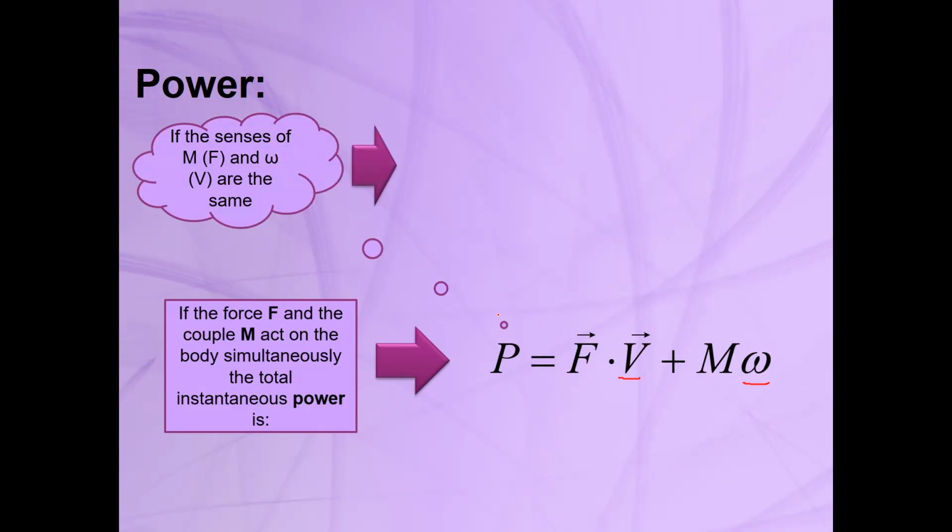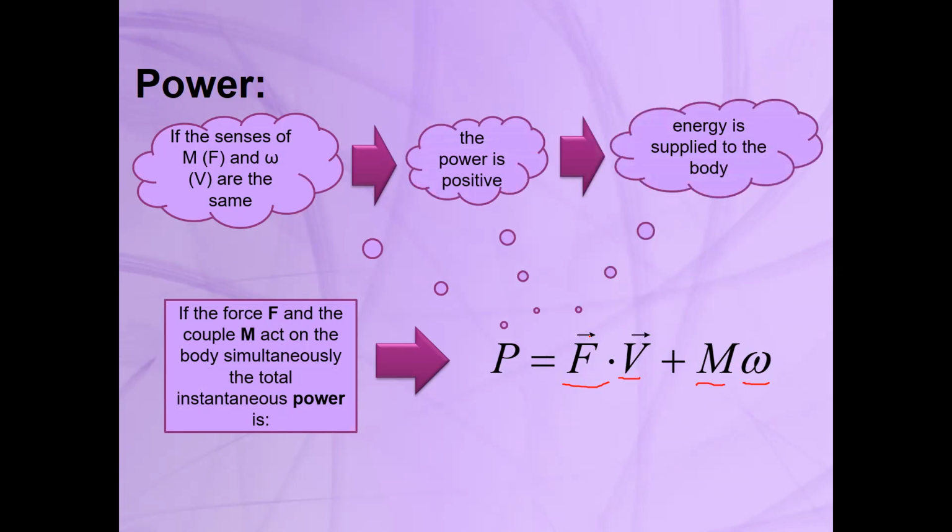The power can be positive or negative, and if the sense of the couple or force and omega or velocity is the same, the power is positive. When the power is positive, energy is supplied to the rigid body and its energy level will increase.